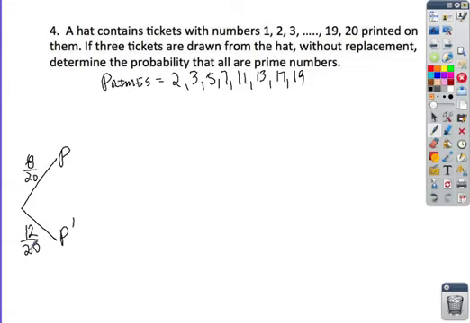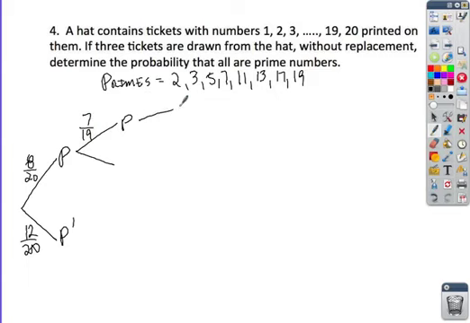And what we're interested in is the probability of choosing all 3 primes. So we could expand the entire tree, but there's only one particular branch I'm interested in, so I'm only going to expand that branch. So again, if I chose a prime the first time, there's 1 fewer prime and 1 fewer ticket in the bag. So it would result in a probability of 7 over 19 for the second prime.